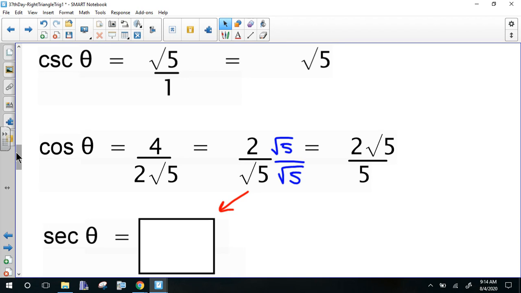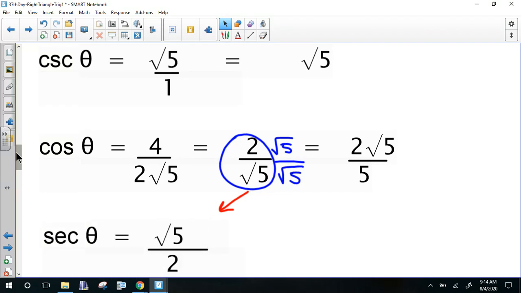Secant is the reciprocal of cosine, so all I need to do is flip one of these, and it's easier if I flip this one. That way I don't have to do any simplification, and I have my answer, root 5 over 2.